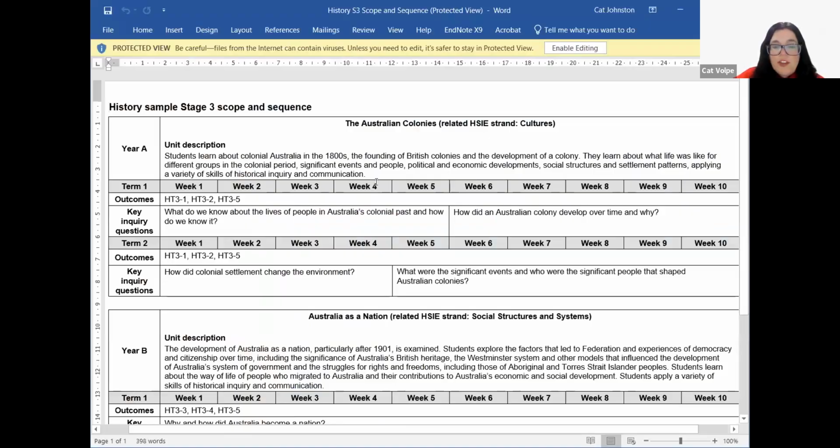For example, for the Australian colonies, you can see what the unit description is and what outcomes are addressed, which you'll know if you look in the syllabus; you can see quite clearly at the top of each unit what outcomes need to be addressed in that unit of work. And you can see what the focus is and for how many weeks students spend on those questions, okay, and key inquiry questions.